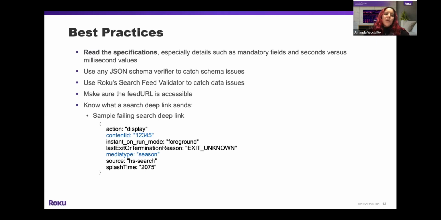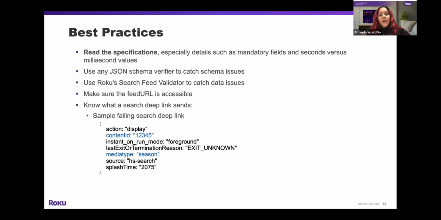Also, it's important to know what a search deep link sends. Here's a sample. And I've included a failing sample because I want you to see what you should be looking for and ready to process. First, you'll want to note the action, the content ID, and also the media type. Here, this search is looking for a season.